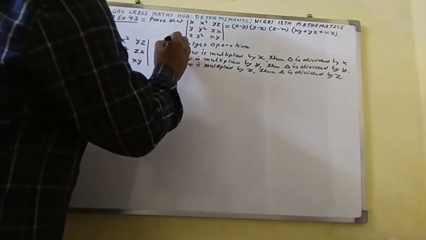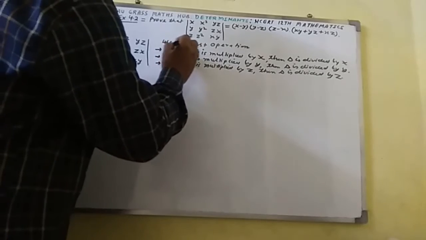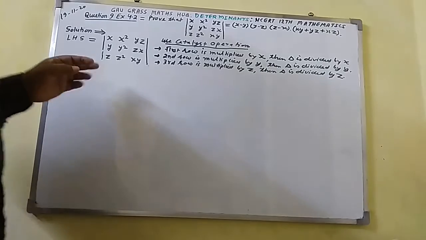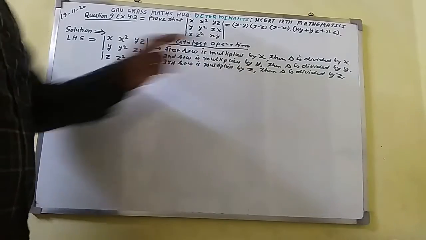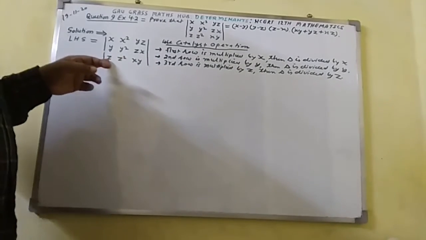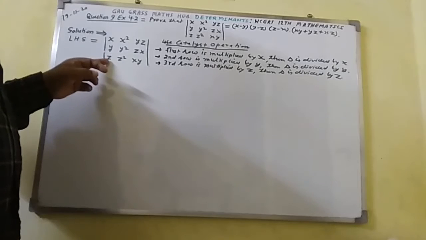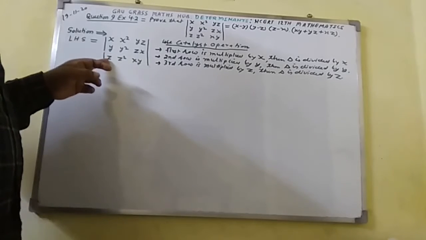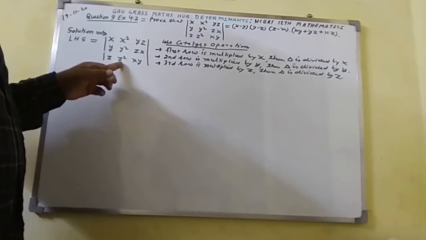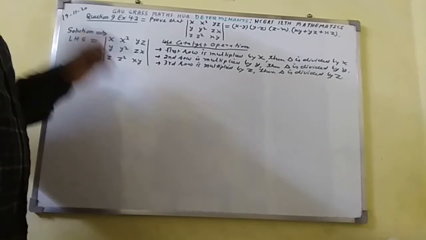This is the fundamental basic of the catalyst operation here. Why z? Because z is there. If you multiply the third row by z, you will get z square, z cube, and easily xyz.